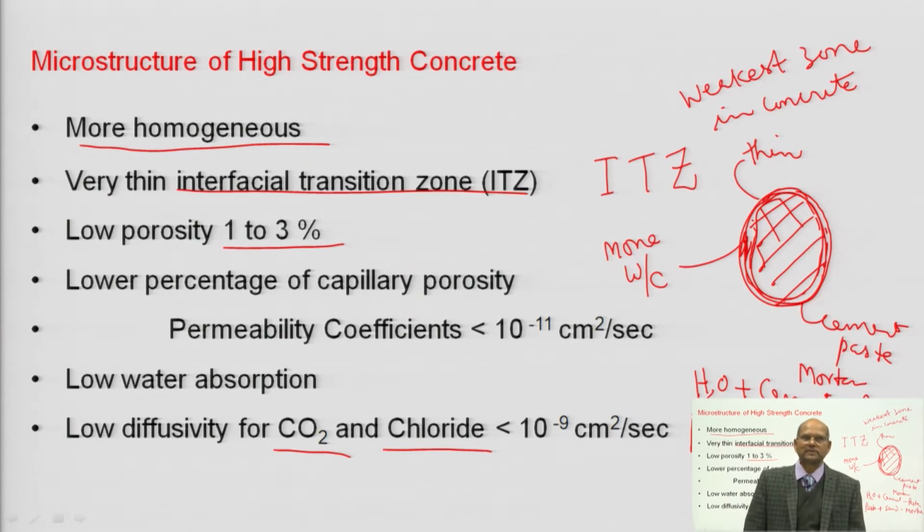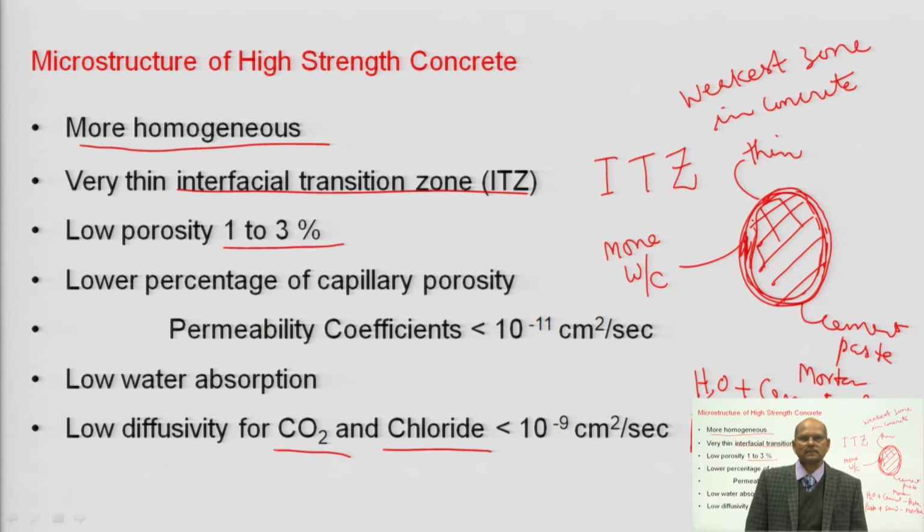So, if diffusivity is less, then what will happen? The rate of diffusion will be very, very slow. Similarly with chloride, if our porosity is very small, in that case also ingress of chloride will be less, and due to that there will be no corrosion in the reinforcement.